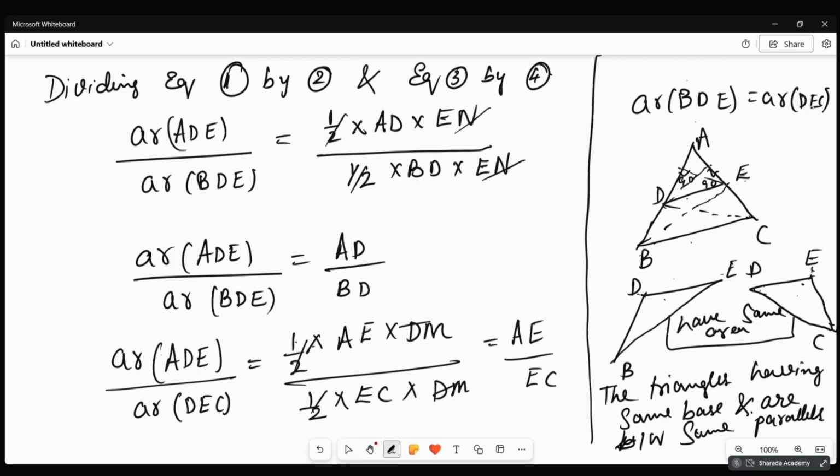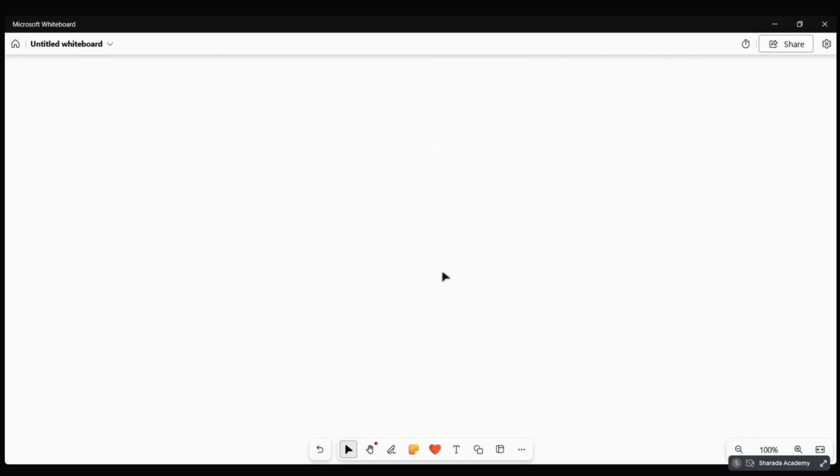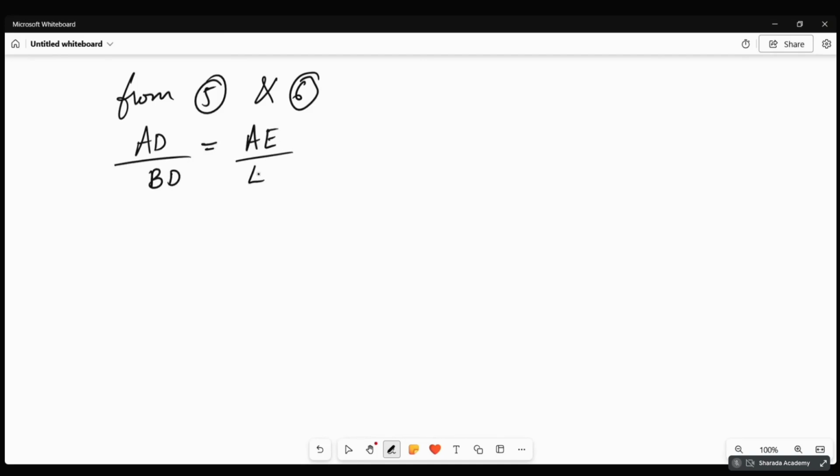That is the reason these two are equal. So now area of these two are also equal. That means LHS are equal. So if the LHS are equal, then RHS will also be equal. You can write this as equation 5 and 6. From 5 and 6, AD by BD is equal to AE by EC.